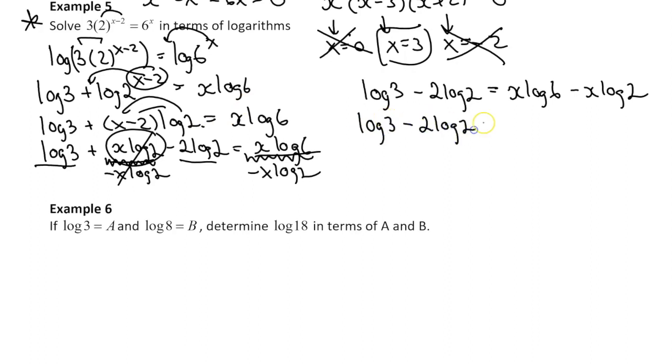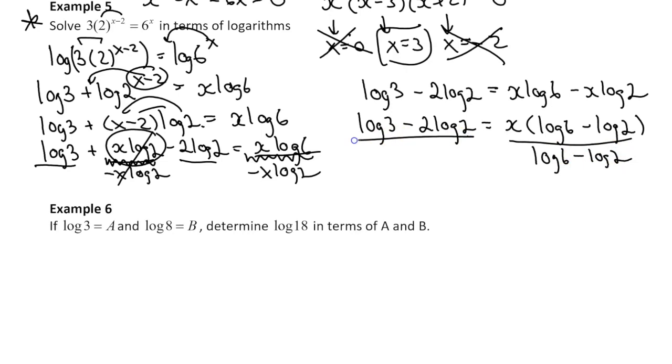And if you factor out an x, then you'd be left with log 6 subtract log 2. And that's really nice because once you've done that, that x is now being times by that bracket. And if it's being times by that bracket, you could divide by log 6 minus log 2. And you could divide this by log 6 minus log 2. And we have x isolated.